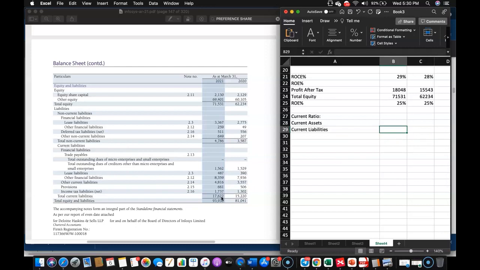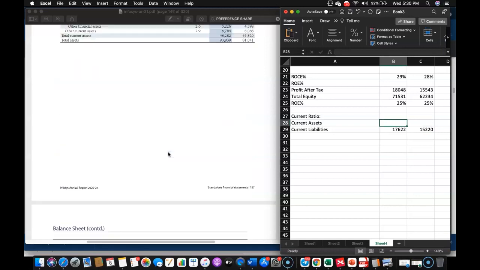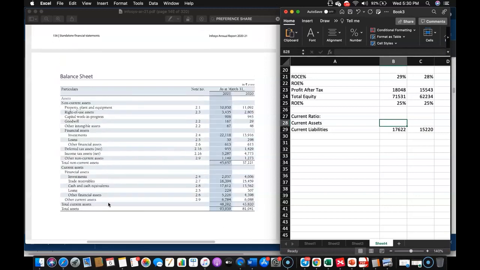Total current liabilities is 17,622 and 15,220. Let us also have a look at their current assets. It's huge: 48,282 crore and 43,820 crore.